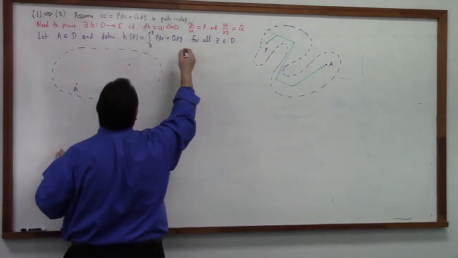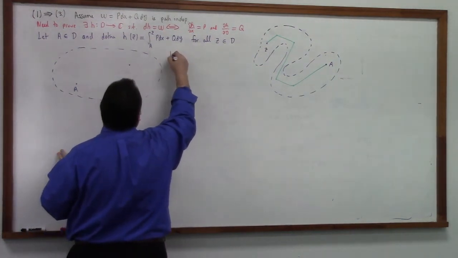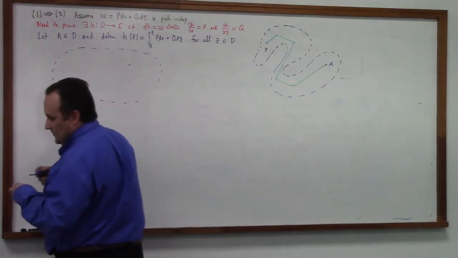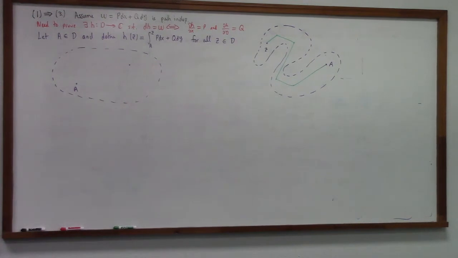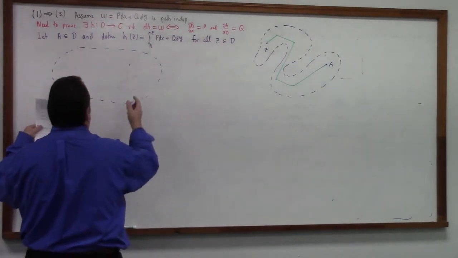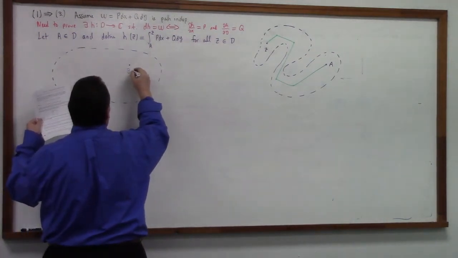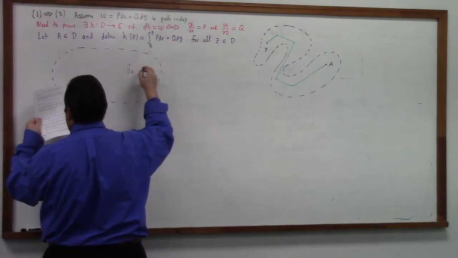So let Z be... I always forget how to say this here. Yeah, so fix a point B equal to x naught plus i y naught.